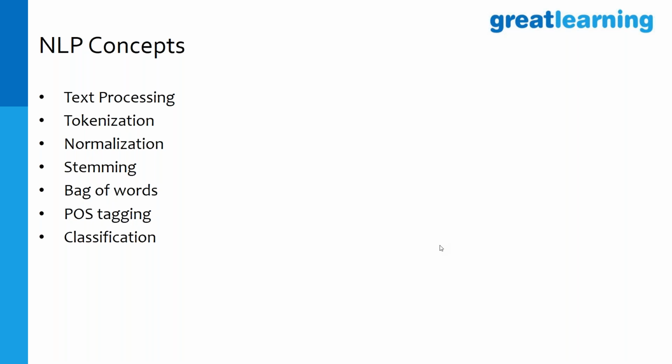A classification algorithm, such as a supervised learning machine learning algorithm, will look at the patterns of such statements from different customers in the past, and it will classify this particular statement, I am not happy with the customer service, as a negative sentiment. So the application of all these concepts together would become a natural language processing algorithm.